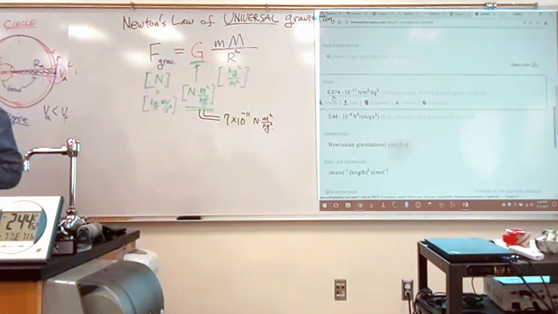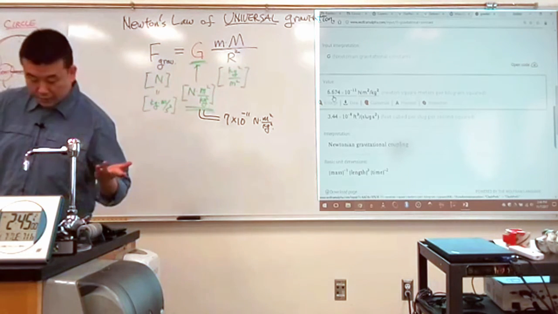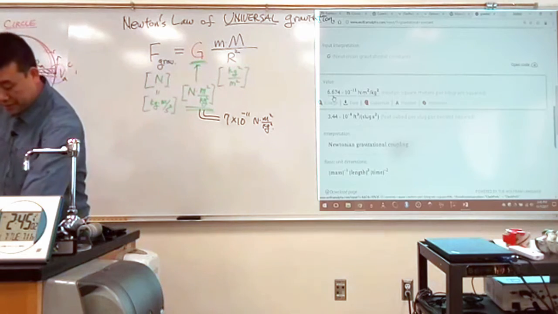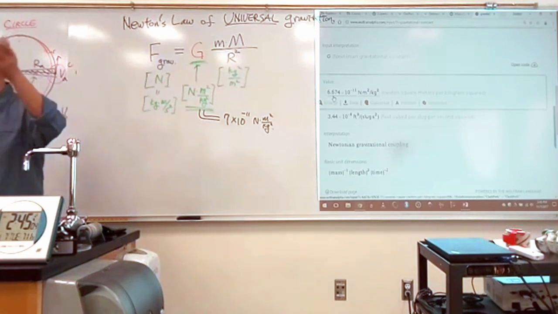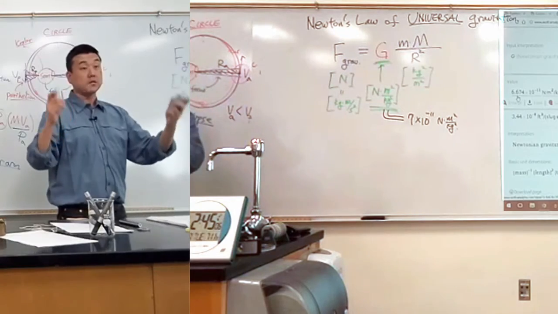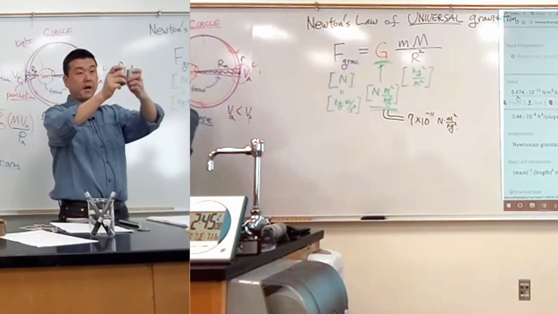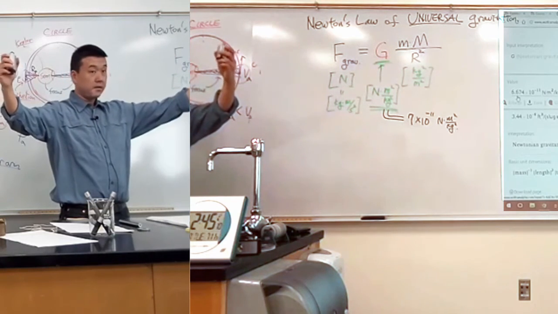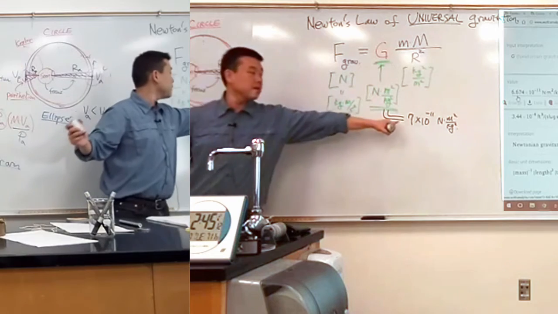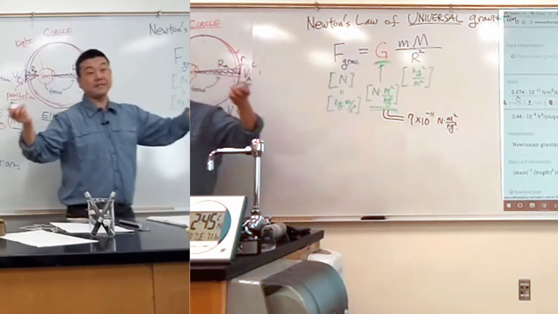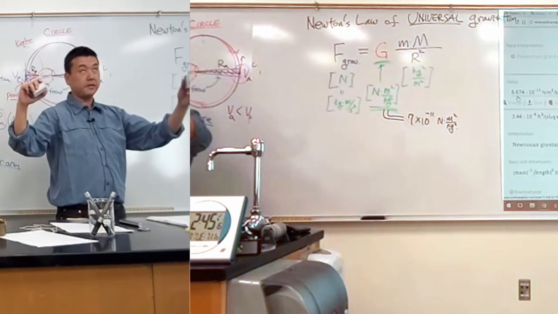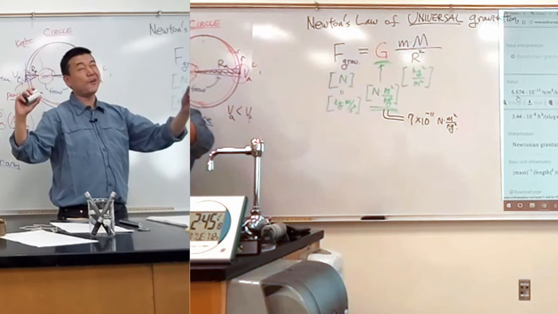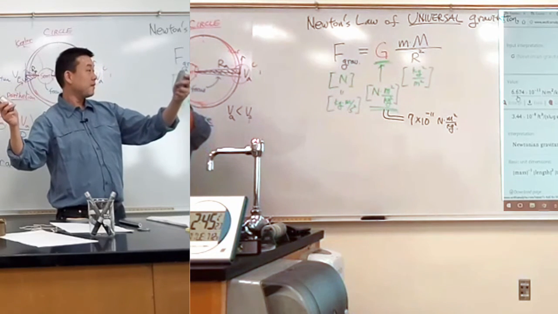Which means if I have a kilogram mass, and I don't have another kilogram mass, this is only a 500 gram mass, but imagine it's another kilogram. If I have these two separated by about a meter, then the force between them is something like 10 to the minus 10 newtons. I guess that would be 100 piconewtons.